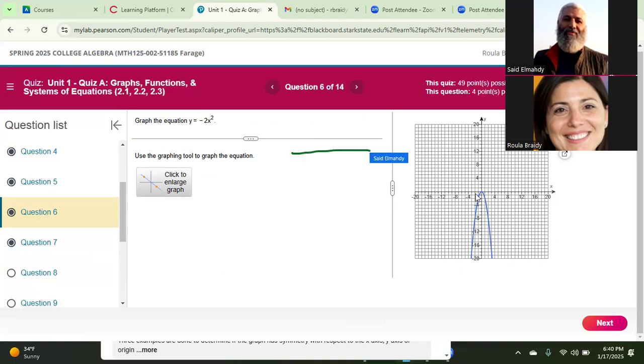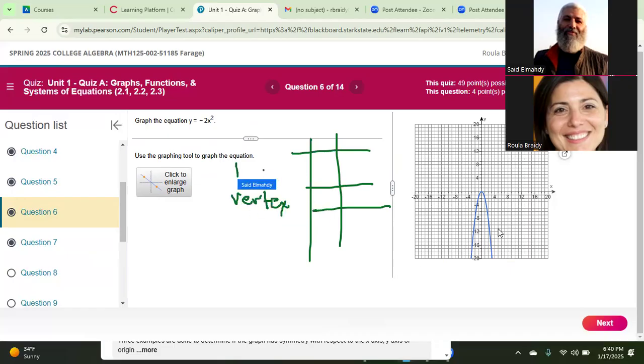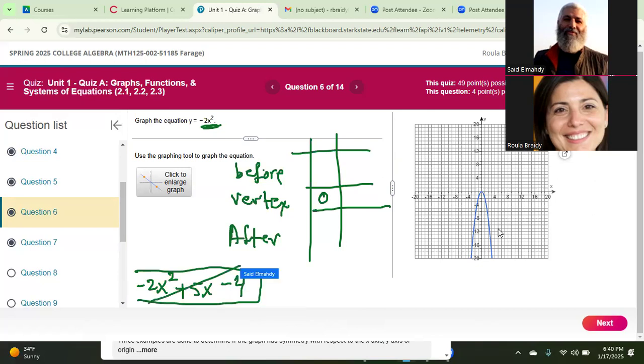Usually we draw it using 3 points: the vertex, one point before the vertex and one point after the vertex. And the vertex here is 0 because we don't have x squared plus, let's say, 5x or -4 or something. It is just x squared or negative 2x squared. So the vertex always is at 0.